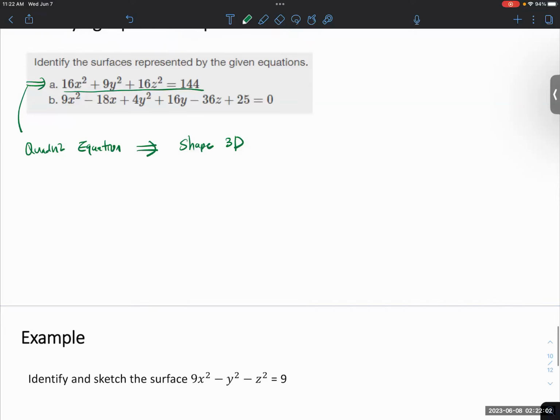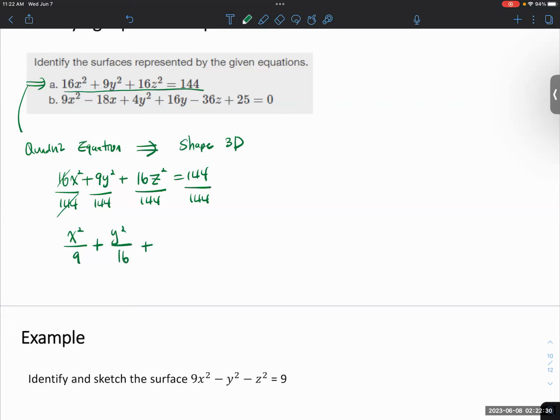So let's see what happens. 16x squared, 9y squared, 16z squared equals 144. Let's divide by 144 on both sides. So if I divide by 144 everywhere, you can simplify, it would be x squared over 9, y squared over 16, z squared over 9 equals 1.